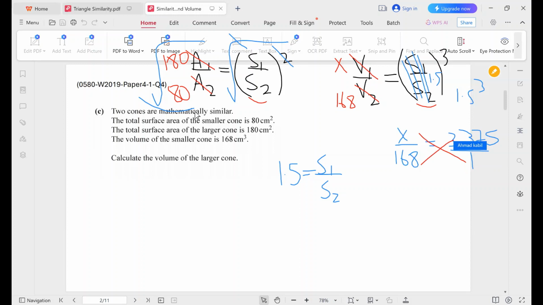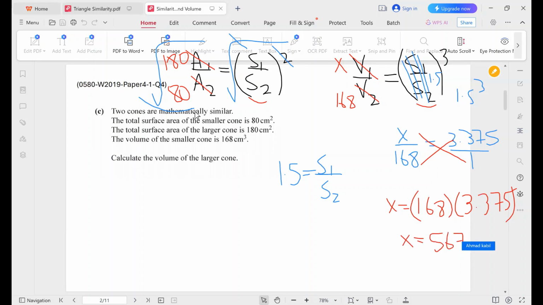And finally, our answer is going to be x equals 168 multiplied by 3.375. 168 times 3.375 gives us 567. So this is the volume of the larger cone.